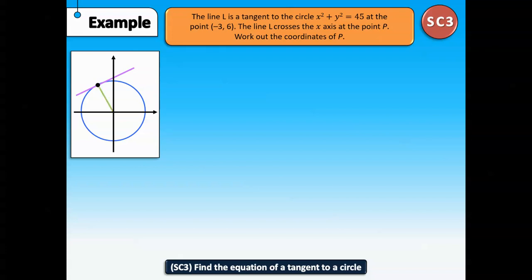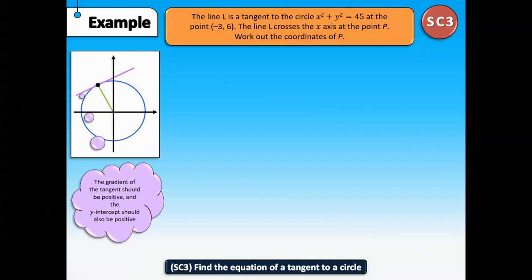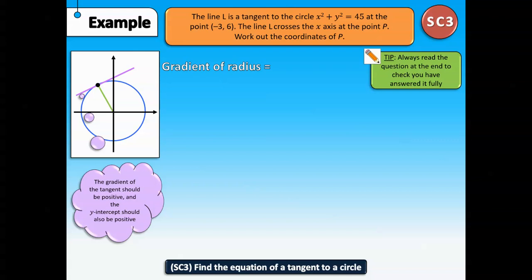There's the radius. So the gradient of the tangent should be positive, and the y-intercept should also be positive. So always read the question at the end to check you have fully answered it.